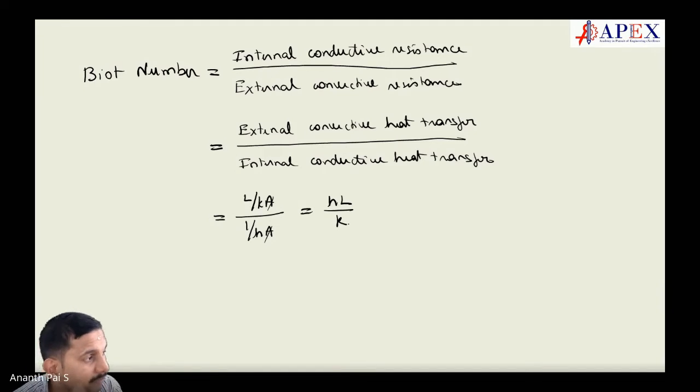Now the same thing we will do in convection heat transfer, called Nusselt number. Nusselt number and Biot number is HL by K only. But in case of Nusselt number, K is not that of the solid but that of the fluid. Here it is a solid K, H is that of the fluid. In case of Nusselt number, this goes outside.